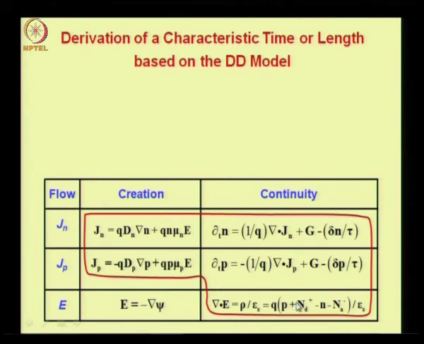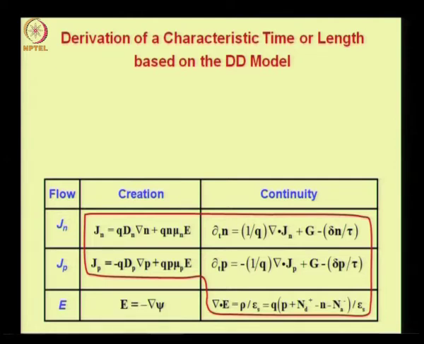The electron and hole concentrations appear in the equation for Jn as well as in the Gauss's law and in the continuity equations. You can see the carrier concentration appears here. So, this is how one can see that the 5 equations here are coupled.